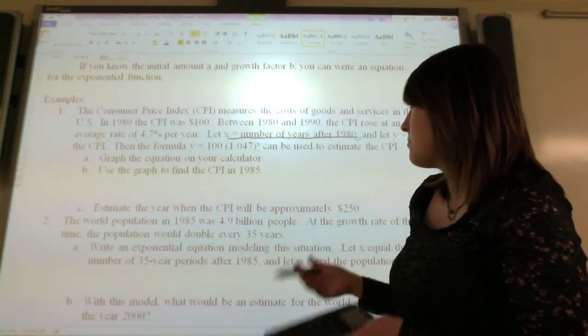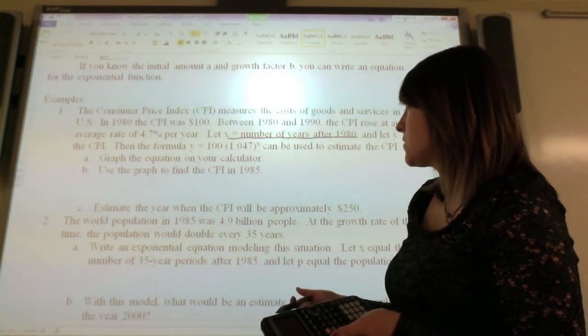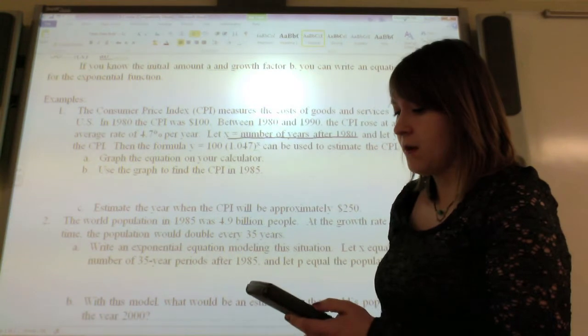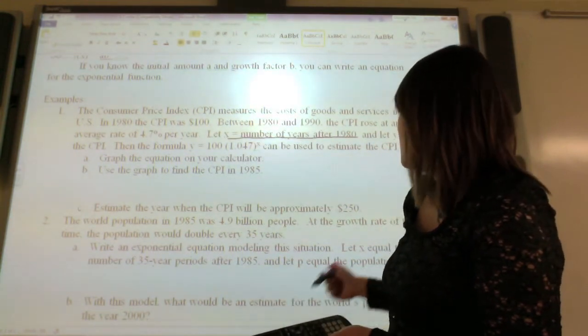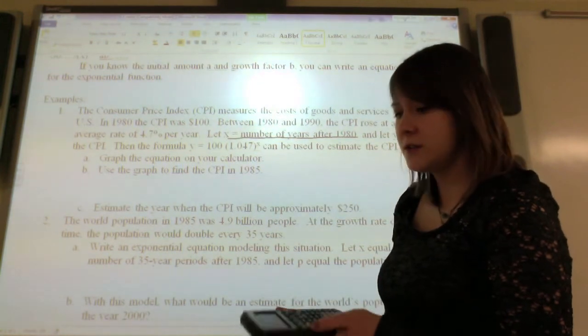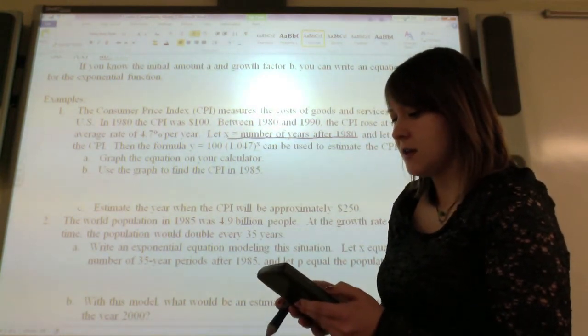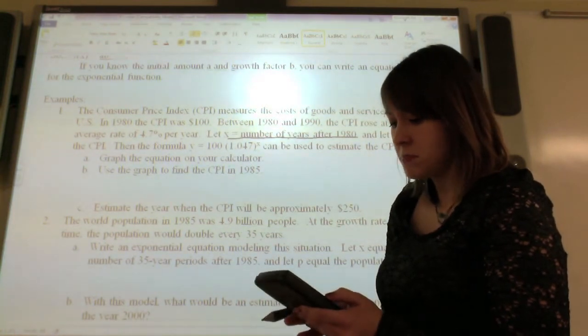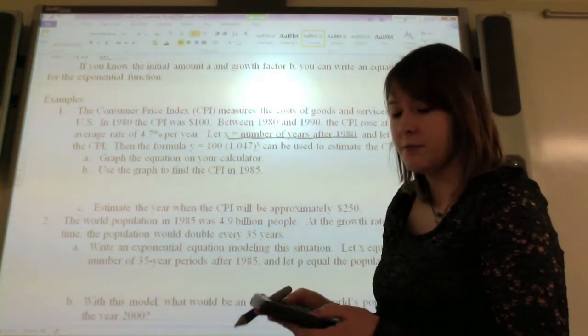So I'm going to just go from 0 to 10 for my x values. For my y values, that's the CPI, and I know that it starts at $100, so I'm just going to go from 100 to 500 and see if that works out.